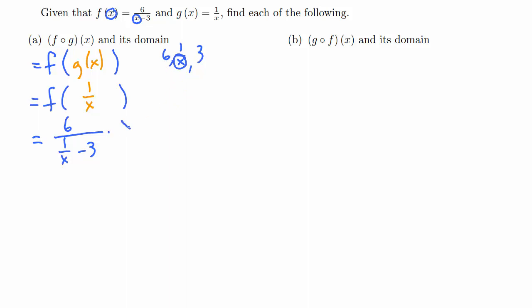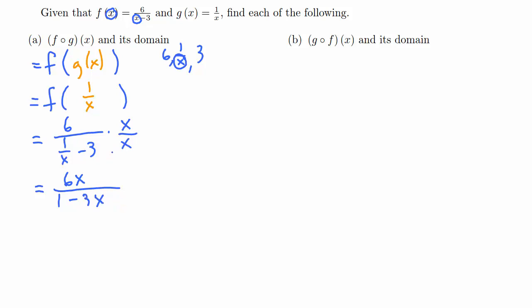So what I'm going to do is multiply both the numerator and denominator by x. That means I distribute the x into both the numerator and denominator. Doing so will give me 6x divided by, now notice that x times 1 over x, they're reciprocals of each other, so that just gives me 1, minus 3 times x, which is just 3x.